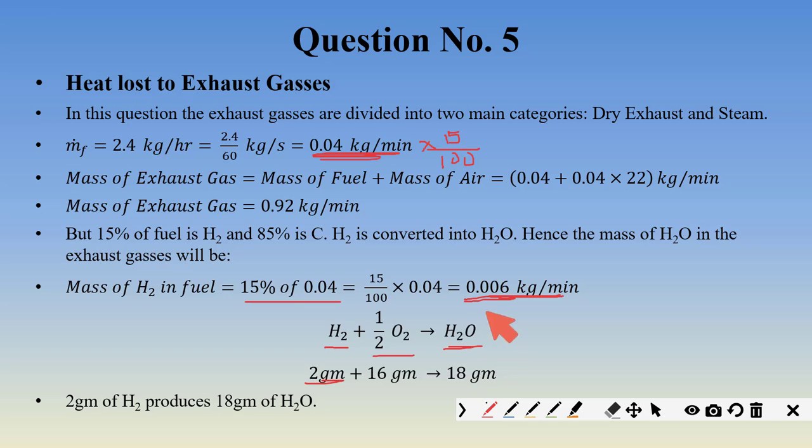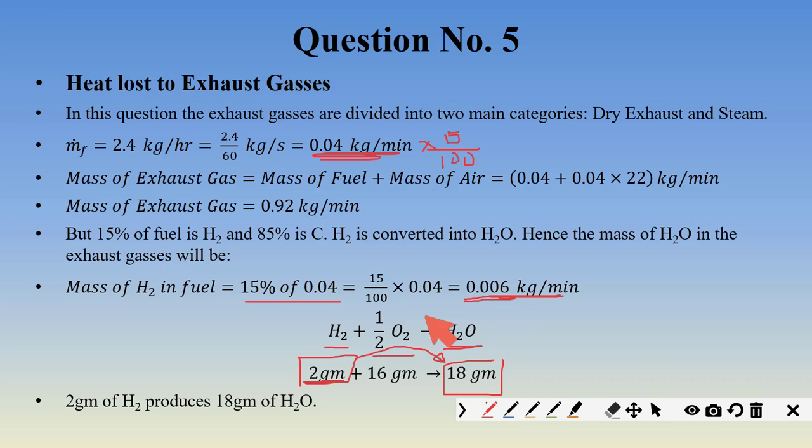What is the molecular weight of water? 2 into 1 plus 16, so 18 grams. So what does this mean? That 2 grams of hydrogen produces 18 grams of water, right?